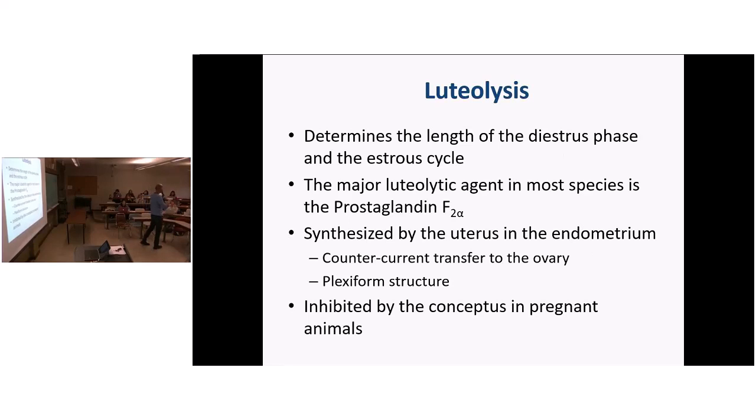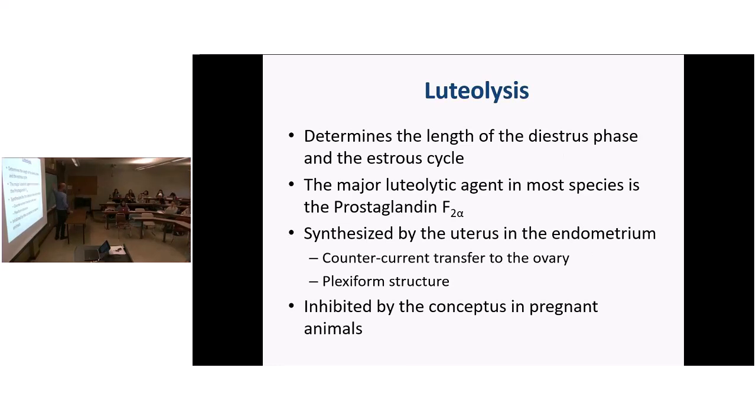And now I remember the idea for luteolysis: it tends to be of special importance because this point here is a very important point in the cycle. Later in the course, this is where we're going to have something that decides if the animal becomes pregnant or not. Okay?